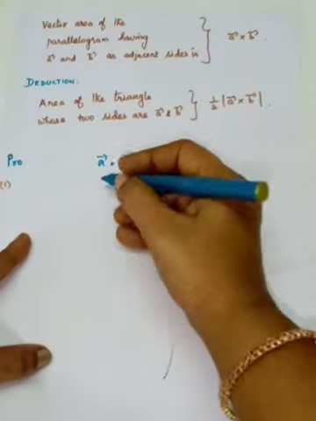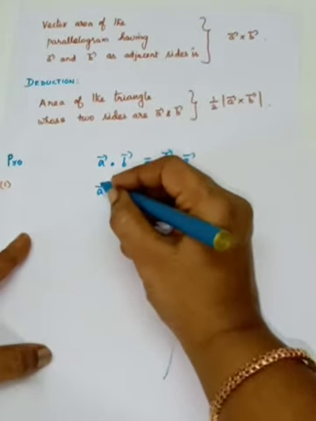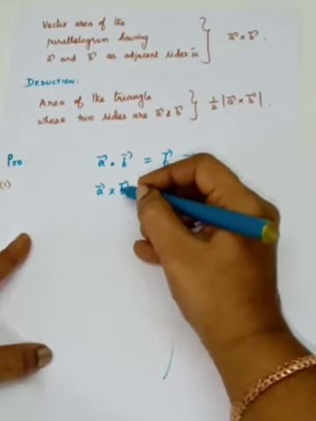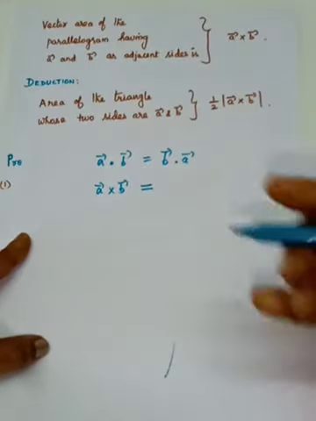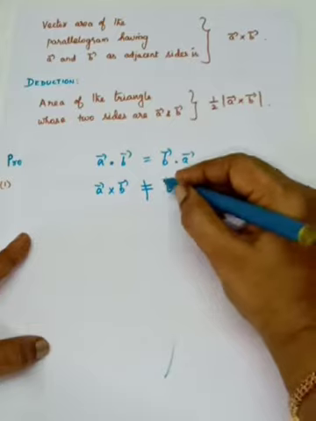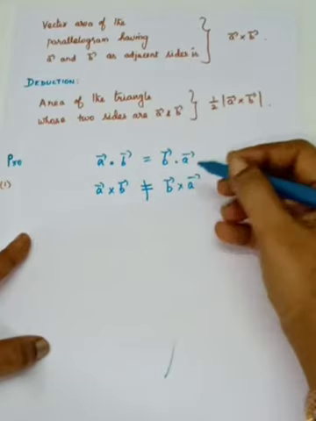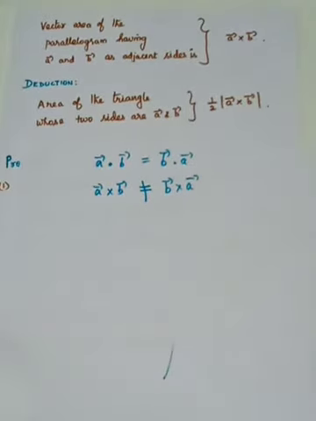But in the cross product, A vector cross B vector is not equal to B vector cross A vector. In a cross product, you should not interchange the vectors. So the vector product is non-commutative.